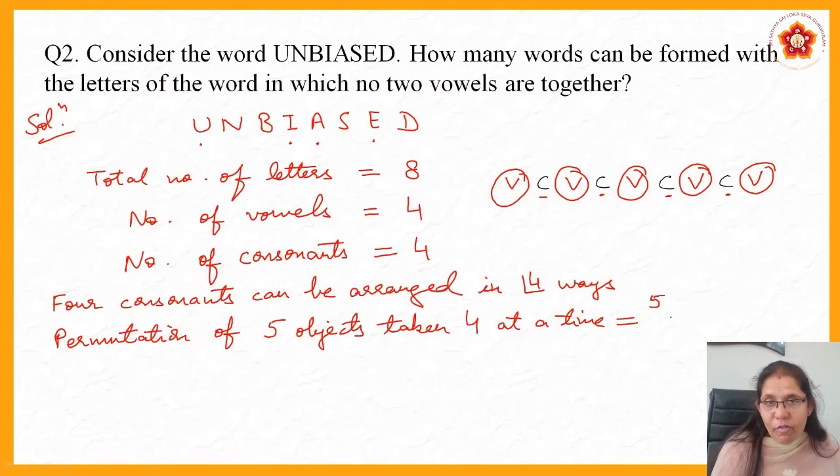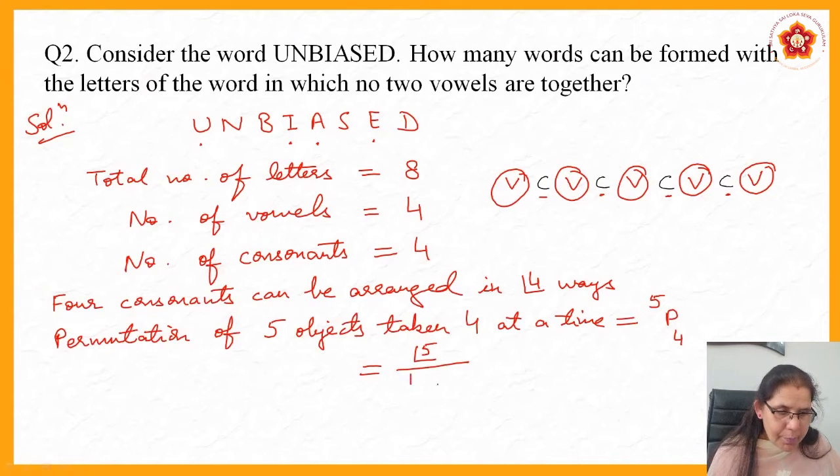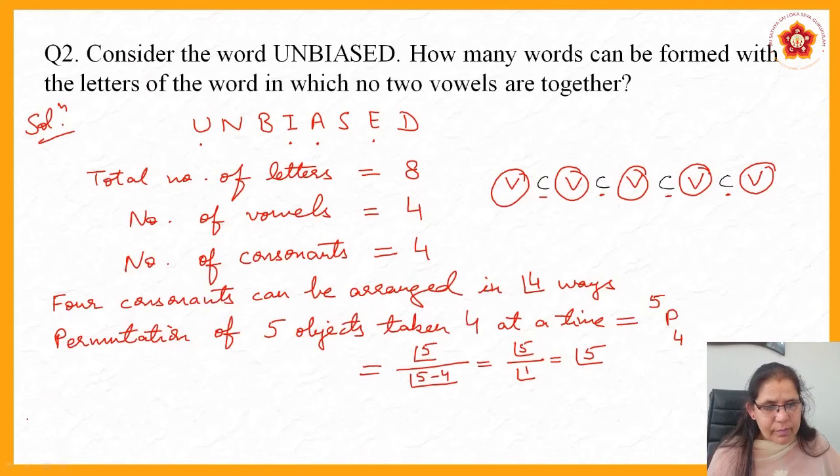There are 5 places and 4 vowels. So it is 5P4. And what is 5P4? 5P4 will be factorial 5 divided by factorial of 5 minus 4. So it is factorial 5 divided by factorial 1 and this would be factorial 5.